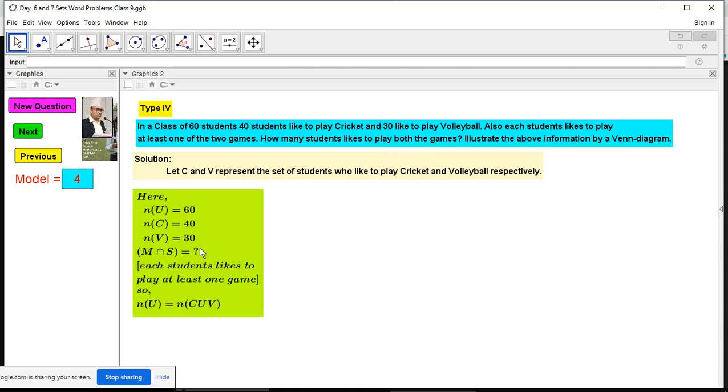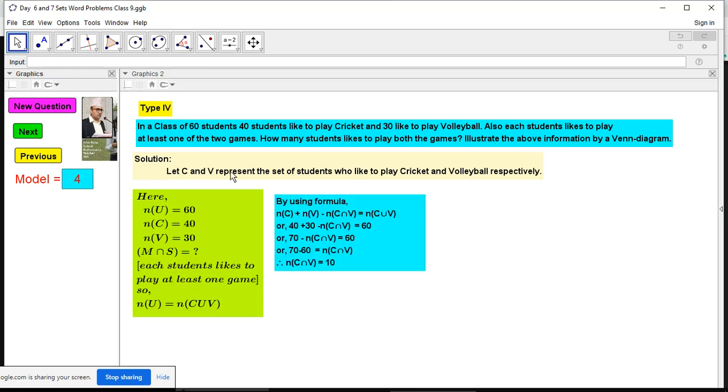It means intersection is to be found. So illustrate the above information by a Venn diagram. Each student likes to play at least one game. So number of U equals number of C union B. I have clarified here also, dear students. In your examination, you should not mention this. But here, to make it more clear, I have given the justification as well.